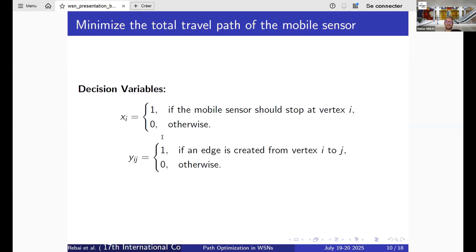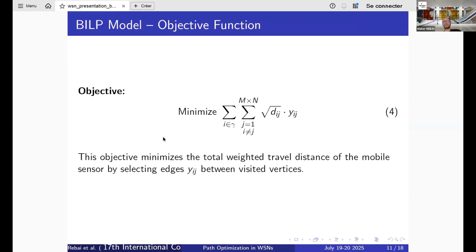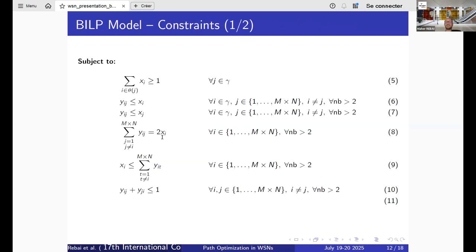So based on these decision variables, we can write our objective function that minimizes the total weighted travel distance of the mobile sensor by selecting edges yig between visited vertices, subject to the following constraints. Constraint 5 ensures that each uncovered point should be covered at least once in the mobile cycle tour.